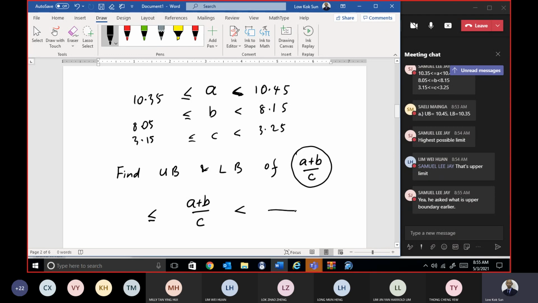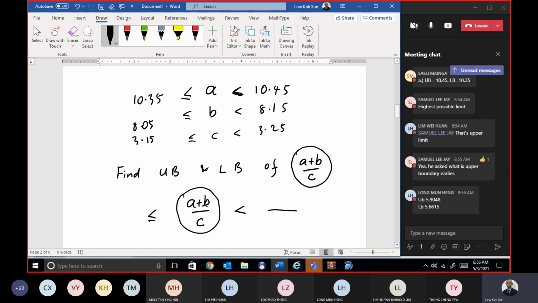Because it's a fraction, we try to get the top part as big as possible and the bottom as small as possible, so that when big is divided by small, we get the biggest number.